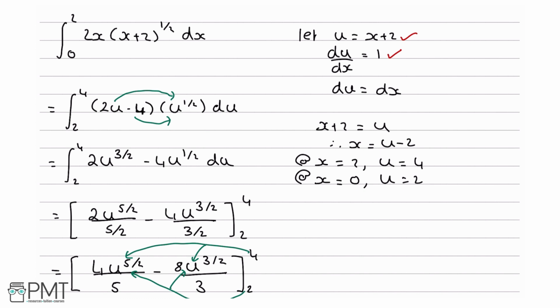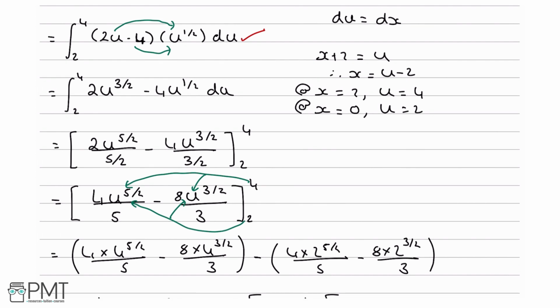Your third mark comes from correctly substituting all your terms in terms of u into the original integral, to get something of this format. Your fourth mark and fifth mark kind of come together. You get your fourth mark if you've got anything times u to the 5 over 2 plus anything times u to the 3 over 2.